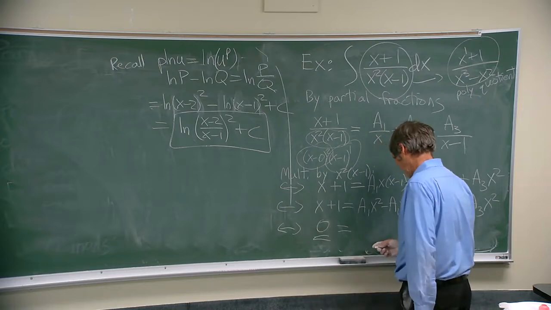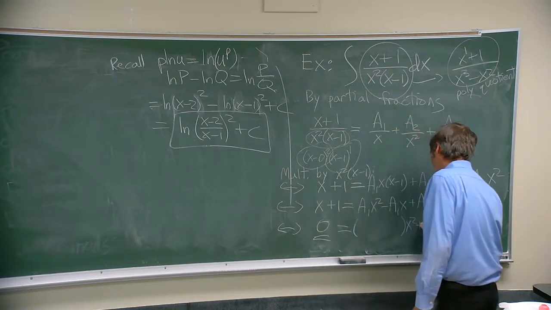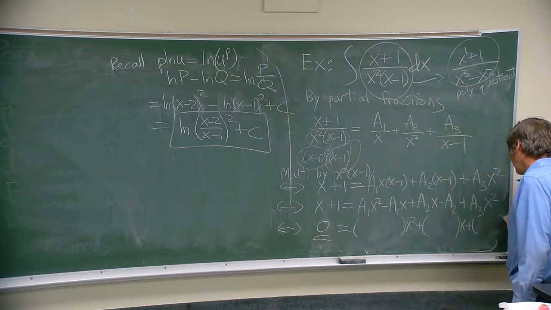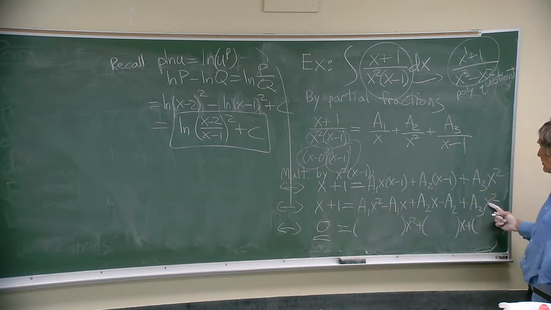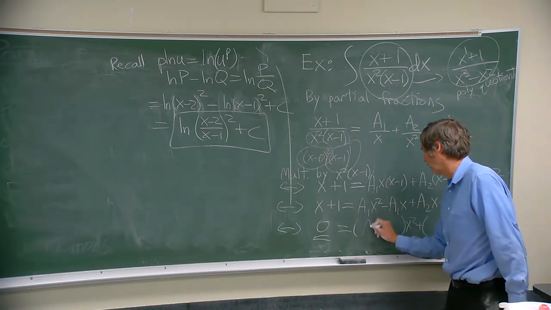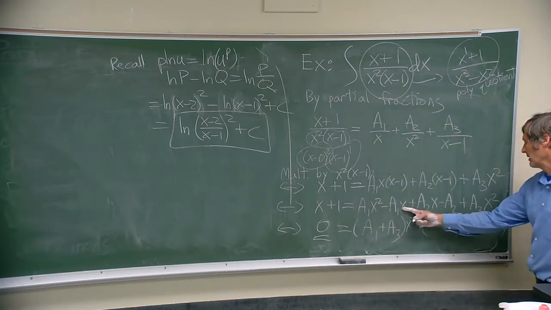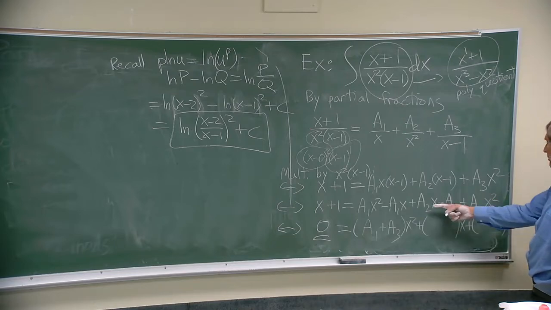Now I group the like terms, so I'll subtract the x plus 1 to get 0 on the left. This is important: you need 0 on one side, or this won't apply. I've got numbers multiplying x squared, numbers multiplying x, and just numbers, constants. So it's a1x squared plus a3x squared, so this is (a1 plus a3) times x squared.